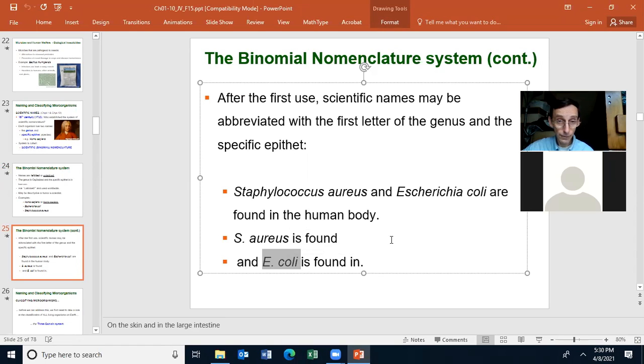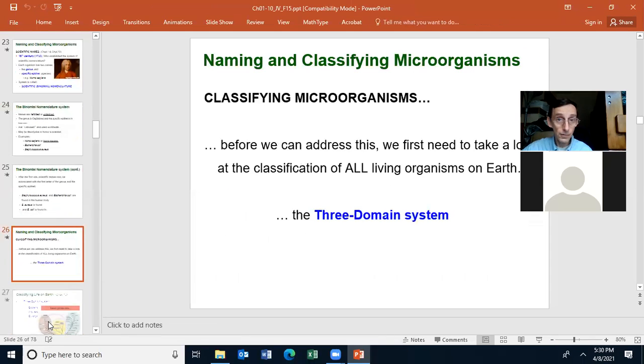Staphylococcus aureus, for your information, can be found on human skin. Actually, hopefully it's not found on your skin, but it can be. And E. coli is found in the intestine, particularly the colon.